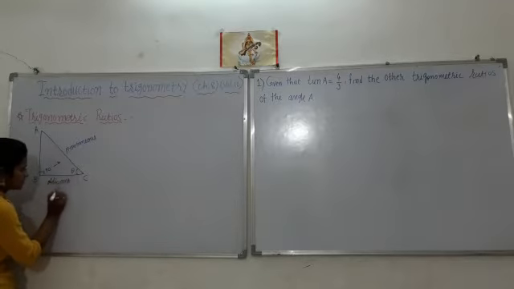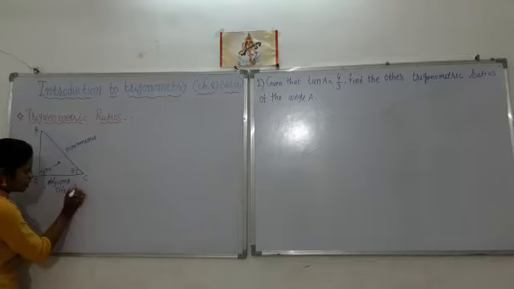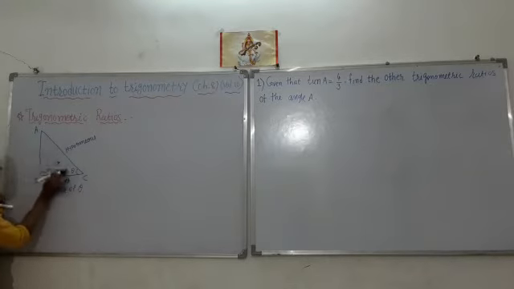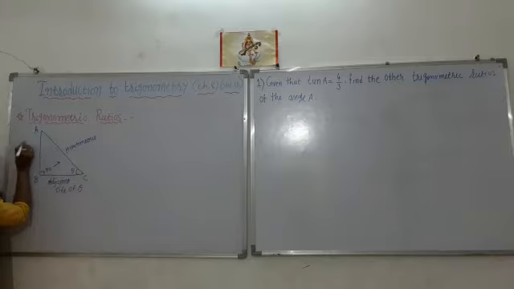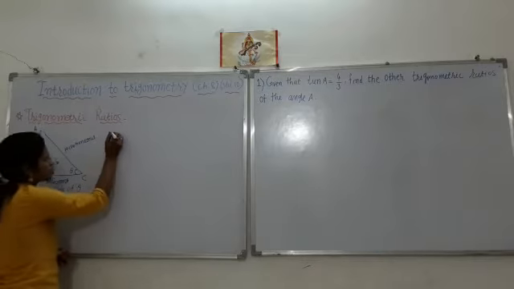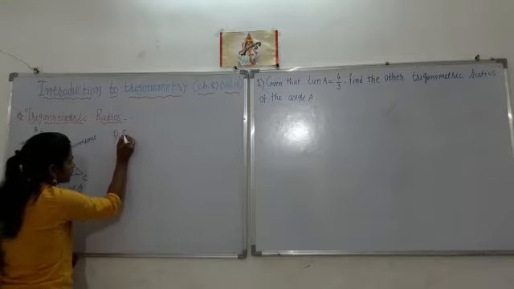adjacent side of theta, and this is called opposite side of theta. The first trigonometric ratio is sin theta.